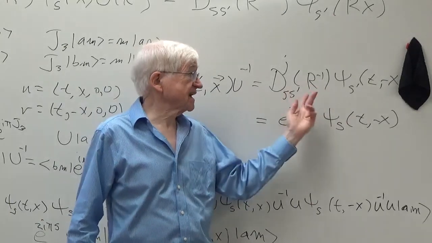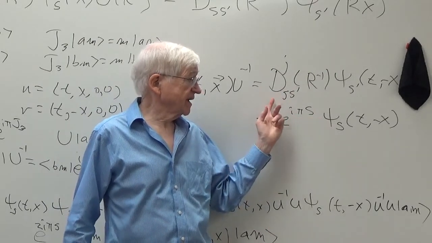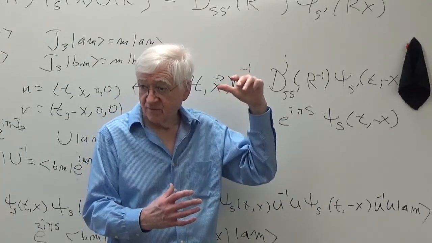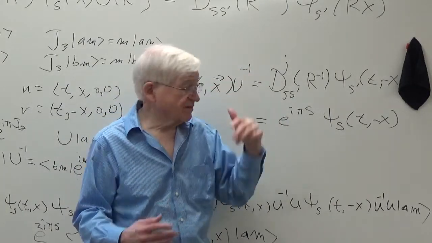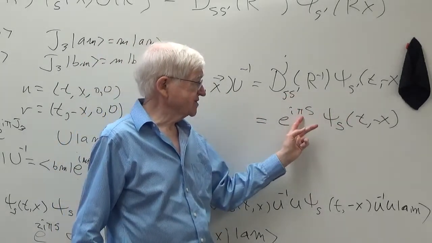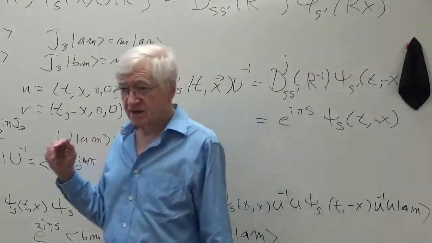And then the representation of that is just e to the I pi s. It's a matrix, but when it hits this S prime, it's diagonal, so we get S, the S on the other side.